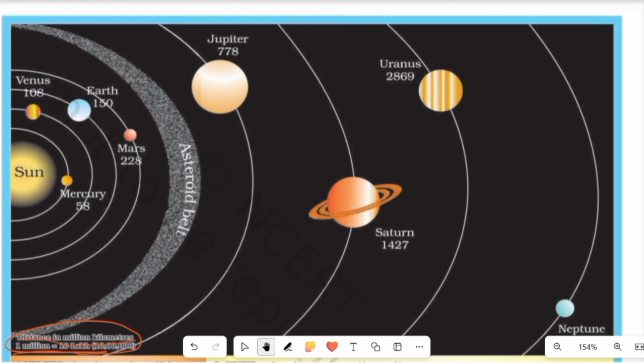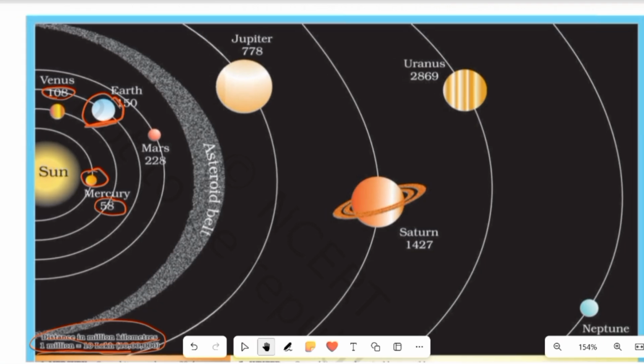And Mercury, which is the nearest planet to the Sun, is 58 million kilometers from the Sun. And then Venus is 108 million kilometers from the Sun. And here our planet comes, the Earth.